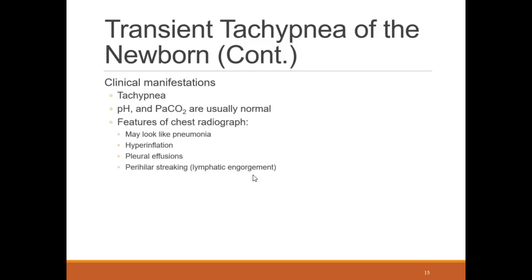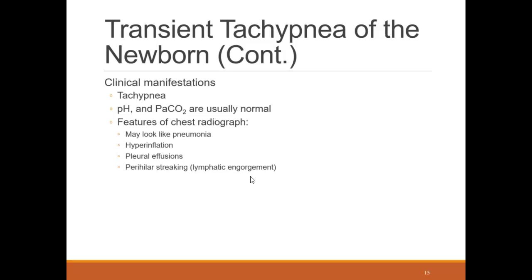Your chest radiograph, Egan says, may look normal, but one of the most common radiograph findings I've had in TTN babies is perihilar streaking. In the mediastinal area you'll see a streaking of white opacities, that fluid around the main bronchi branching into the smaller bronchi.